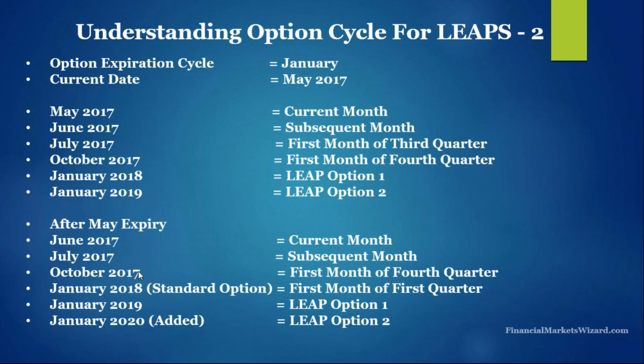But we need 2 months from the option cycle, so January will be the second month of the option cycle. Now, since we took January of 2018 out of the LEAP, we need 1 more month for the LEAP, so 2020 will be added. So if you're trading LEAPs, then in the month of May, when the month expires, you got another year, 2020. So you should see 2020 listed.